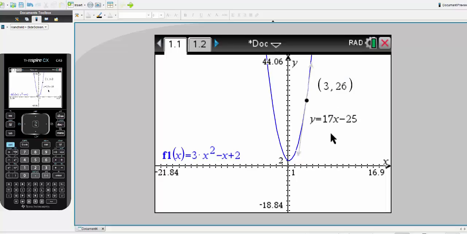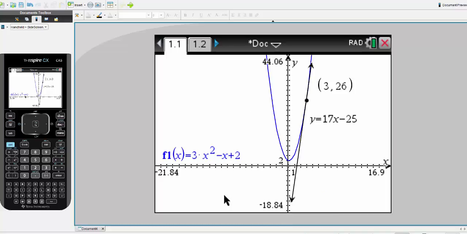And as you remember, the coefficient in front of x here tells us the slope. So the slope is 17. This constant, minus 25, tells us where the tangent is going to cross the y-axis. If we keep it standard here, we're going to see that it crosses where y is equal to minus 25.